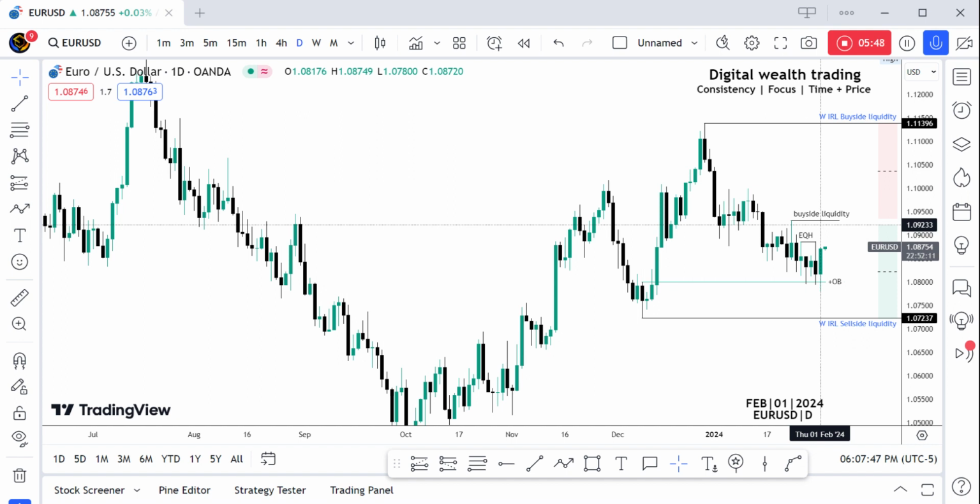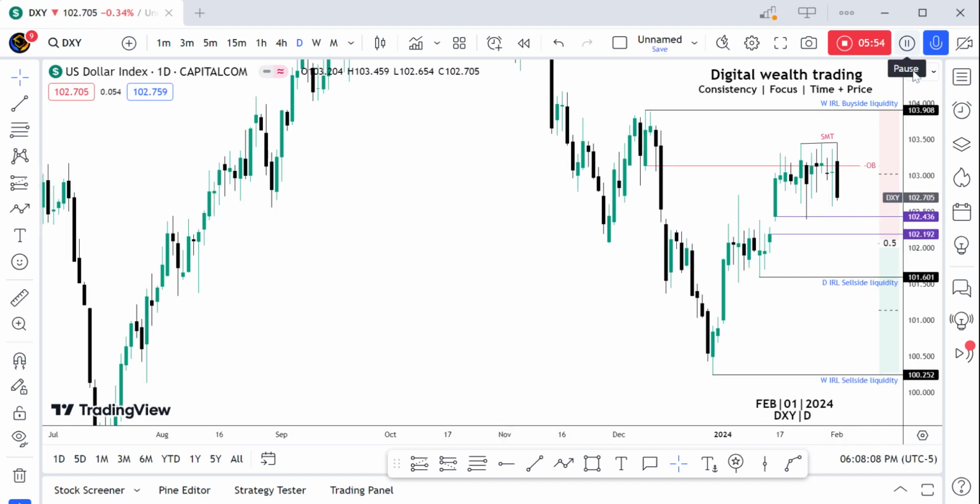So let's go to the dollar index, which is the DXY daily contract. Also on the dollar index, we see that since we got above this daily bearish order block, we've been going week in, week out.